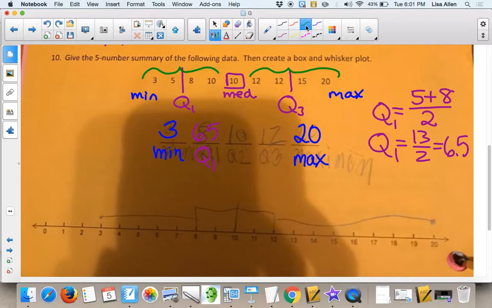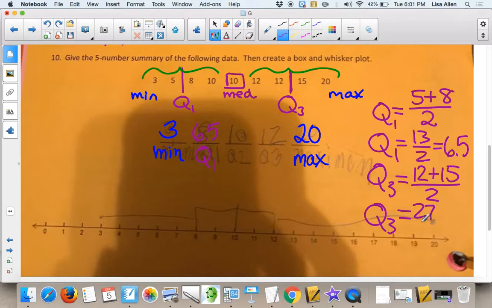And then we have Q3. Q3 is equal to, we have to average the 12 and the 15 because that's where it occurs here. So we have 12 plus 15 over 2. So Q3 is going to equal 12 plus 15 is 27 over 2, which is 13.5.